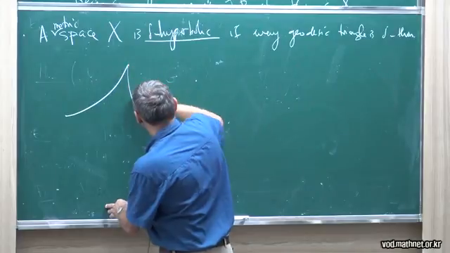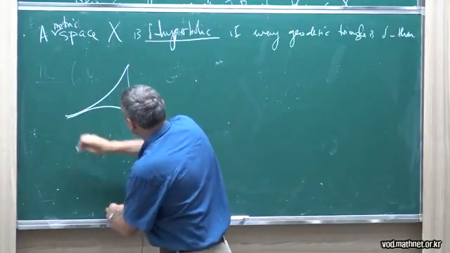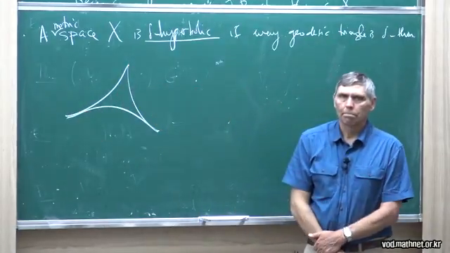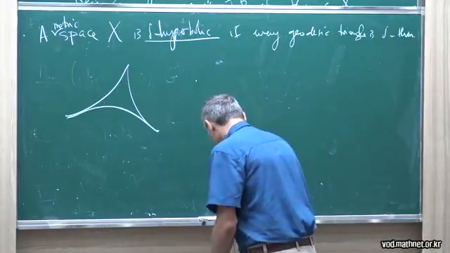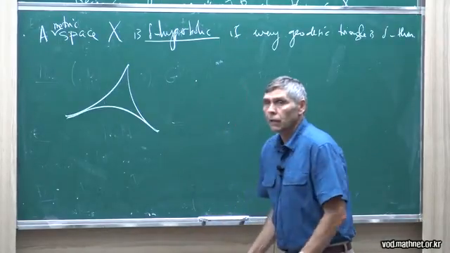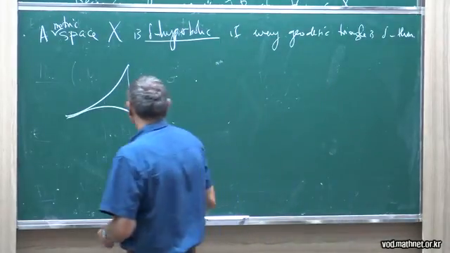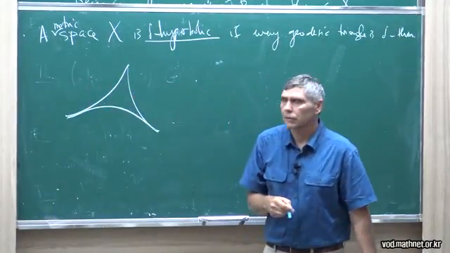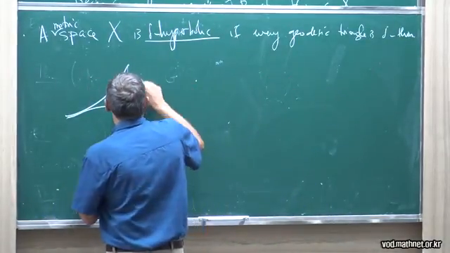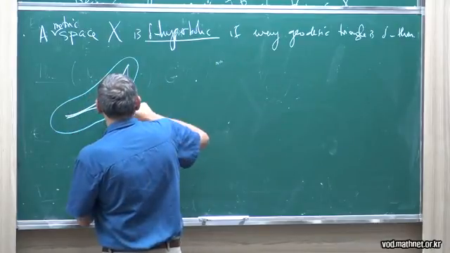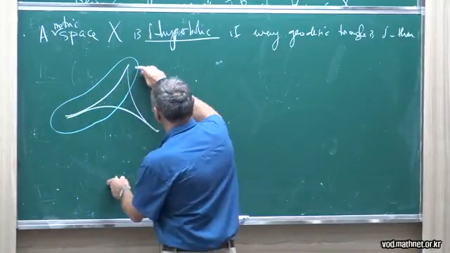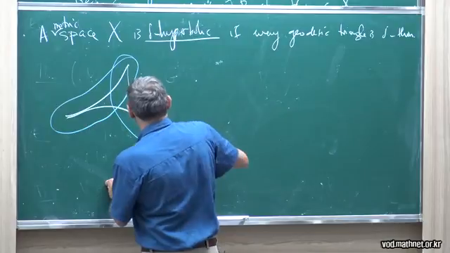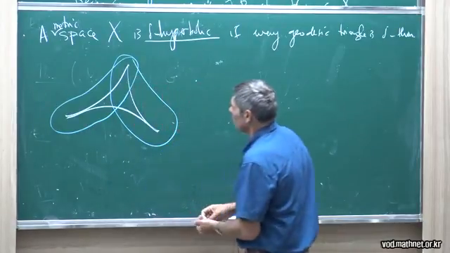So then this way I get a triangle. And now what I want is that this triangle is thin, in the sense that if I take the delta neighborhood of 2 of the sides, they have to completely cover the third side. So here's one delta neighborhood, and here is the other one, and they have to completely cover.